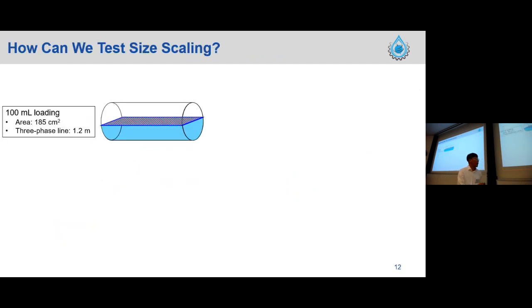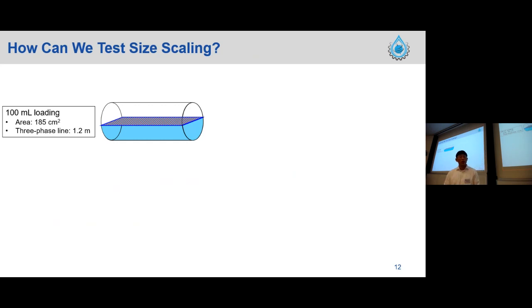This cartoon shows how the pipe cell or pipe delta system looks when we have 100 ml liquid loading. The shaded area in red highlights the gas-water interface area. The blue lines are the three-phase contact line, where the water, steel wall, and the gas meet each other.